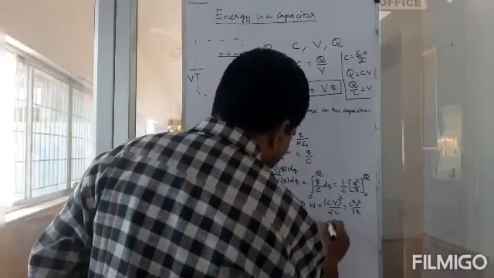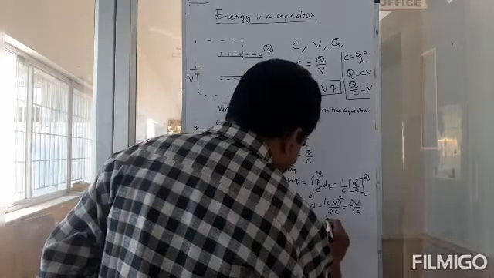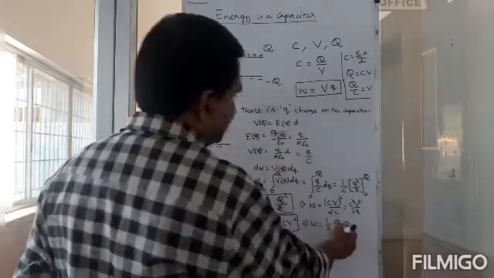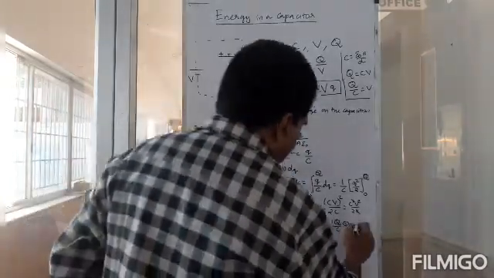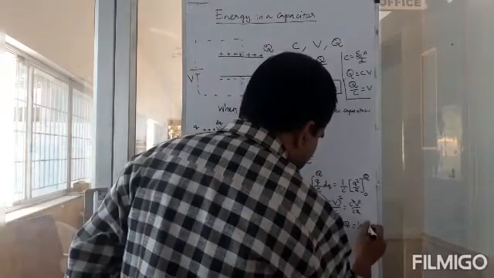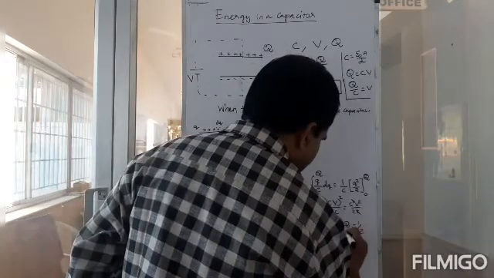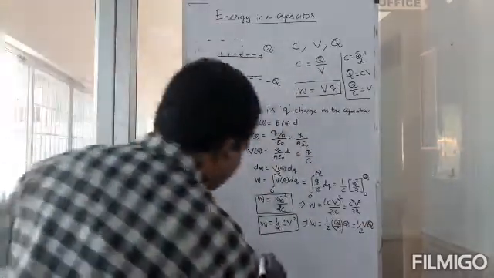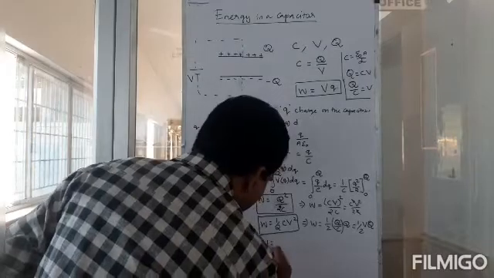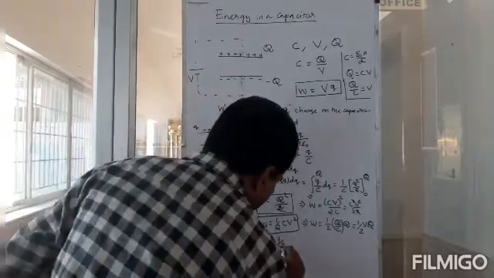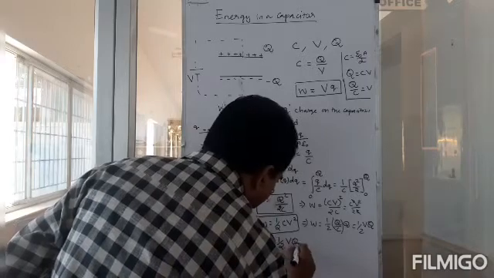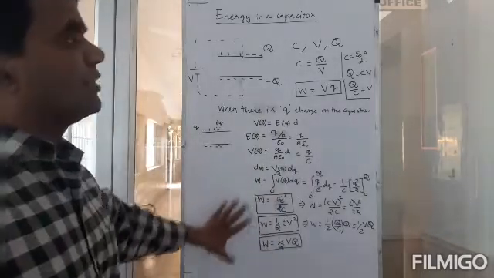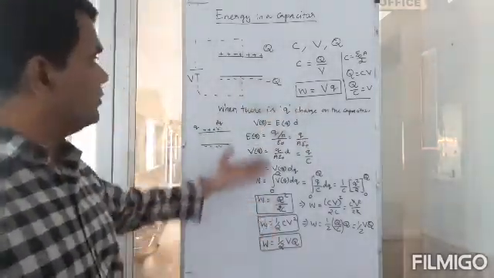W is equal to half Q into Q by C, and Q by C can be written as V. So W is half VQ. Okay. So W can also be written as half VQ. So all the three equations are equivalent. They will give you the same result.